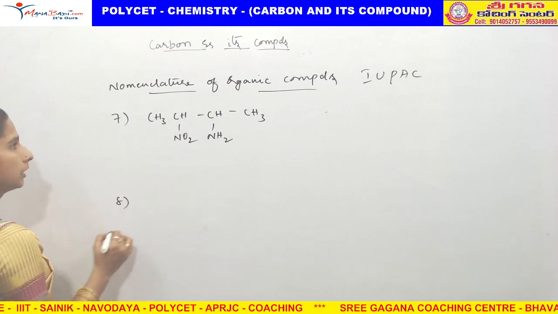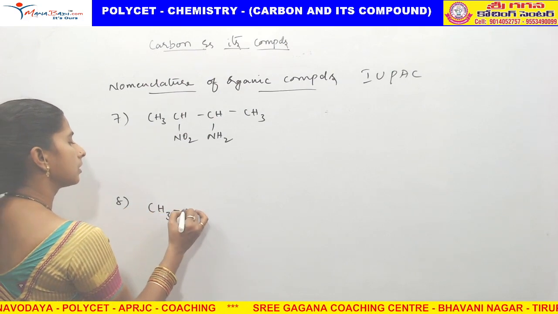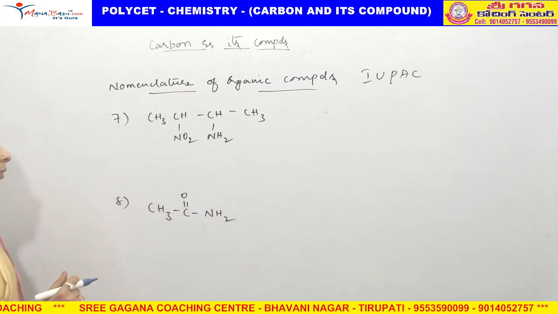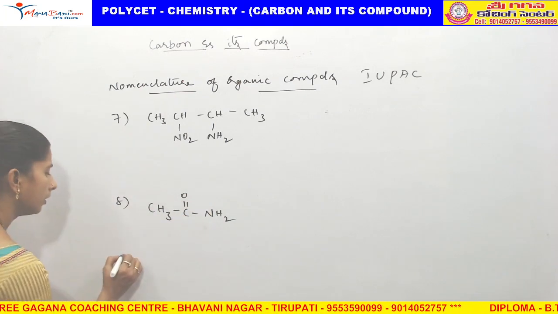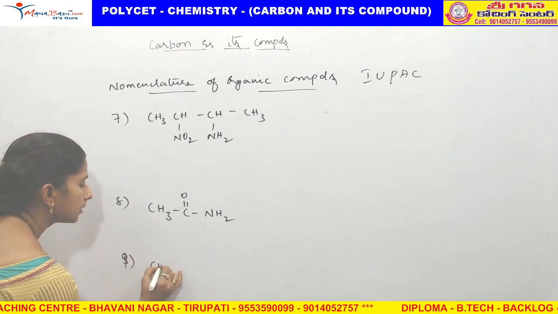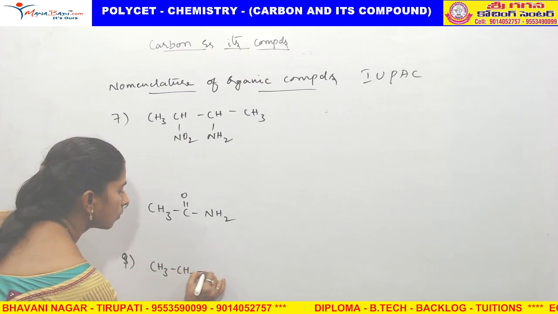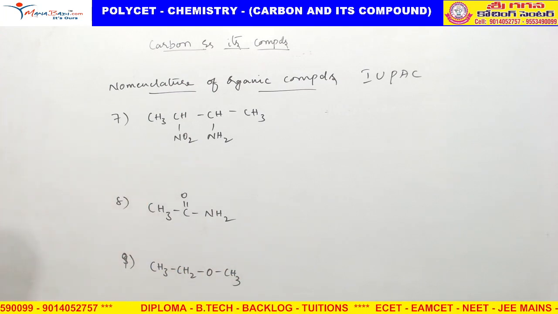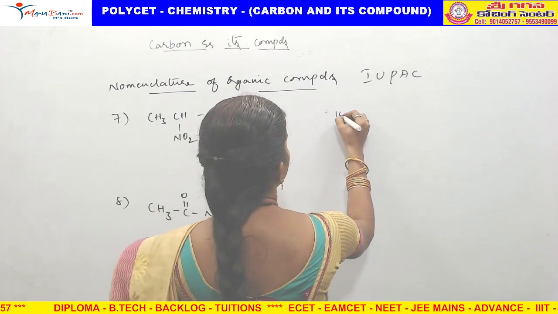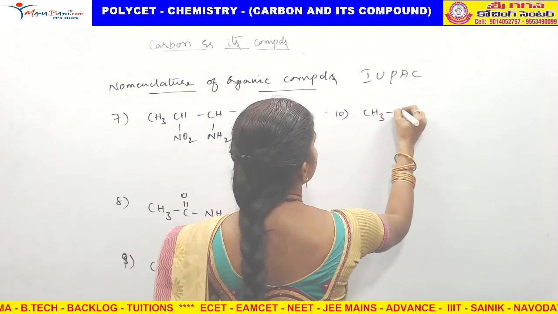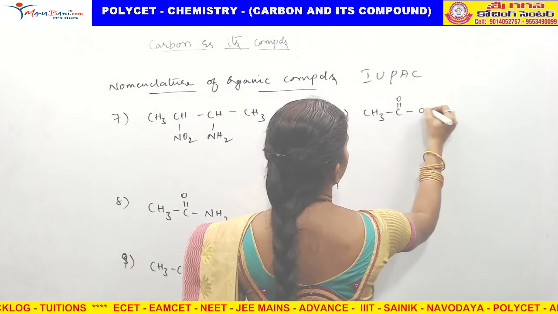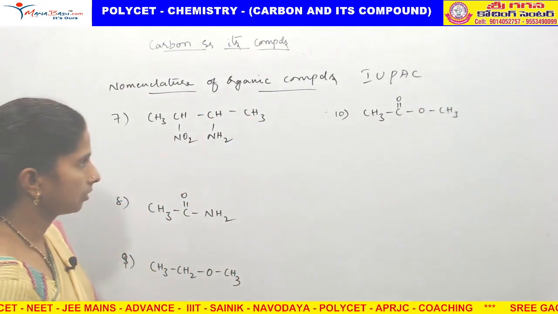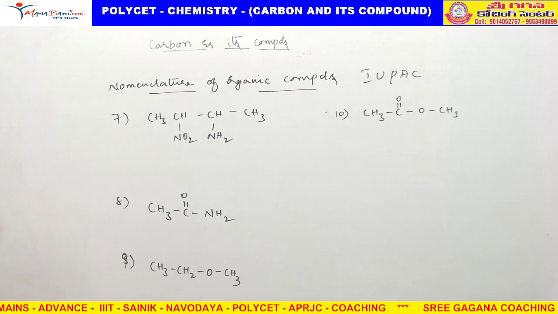And eighth one, CH3CONH2, and ninth one, CH3CH2OCH3, and CH3COOCH3. Now all functional groups we covered.